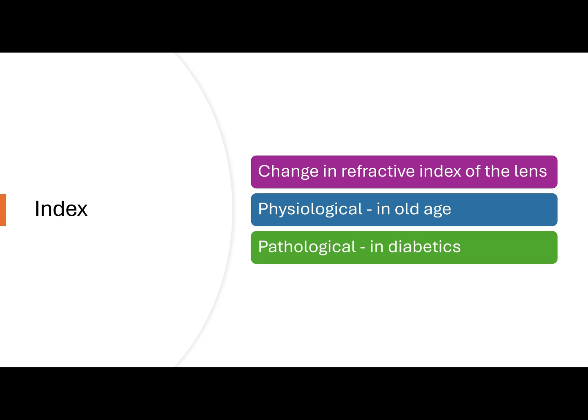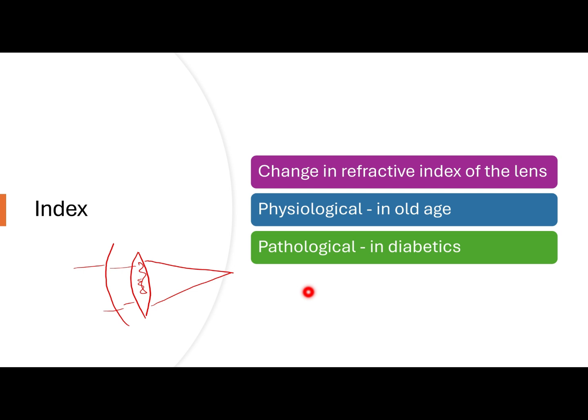As I already told you, it is not only the curvature of the lens or the curvature of the cornea, the refractive index also matters. A change in the refractive index of the lens can alter the amount of converging power the lens has. So when the rays of light fall on the lens, sometimes it is not able to focus them on the retina because of the refractive index change in the lens.